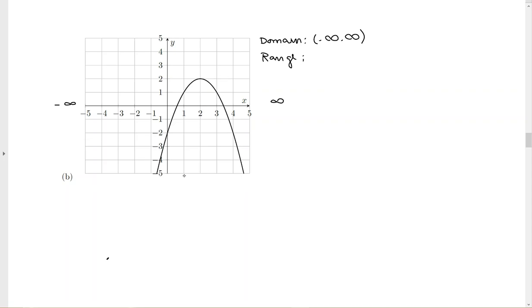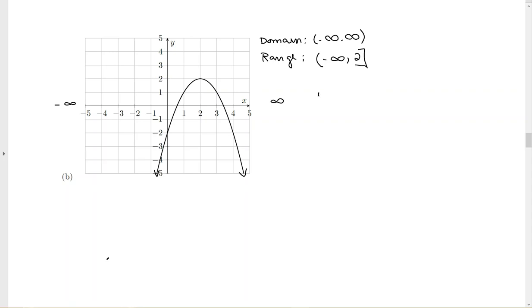So the smallest is going to be all the way down at negative infinity. And then it's going to go up as high as the number 2 with the bracket. The first number in your interval notation should always be the smaller of the two numbers. So negative infinity is smaller than 2.